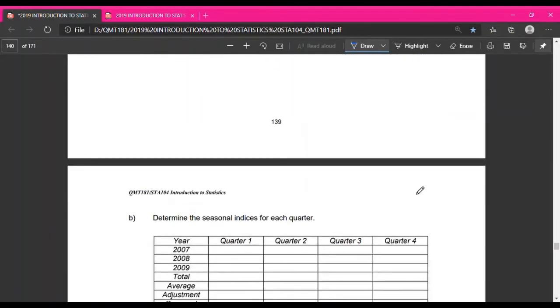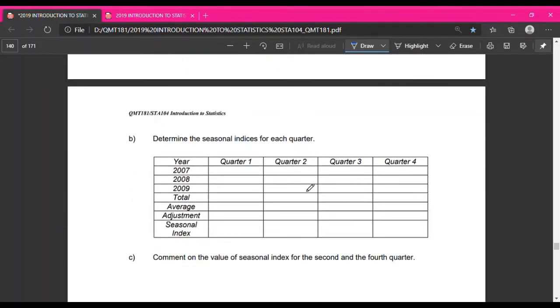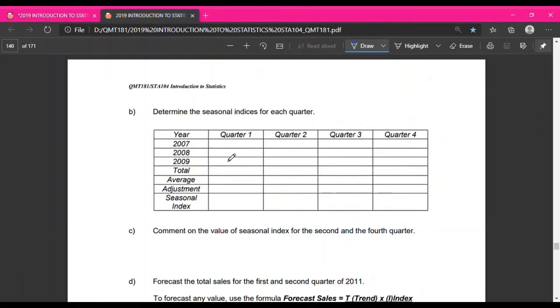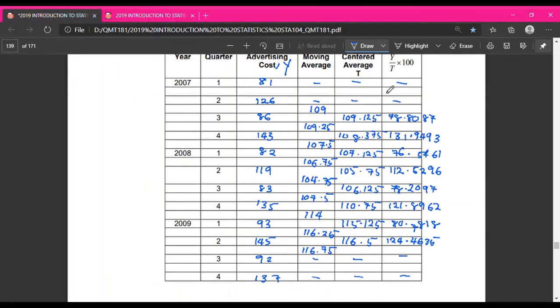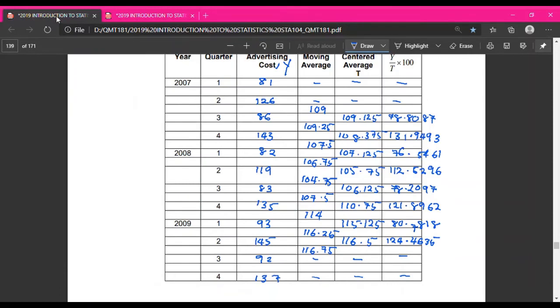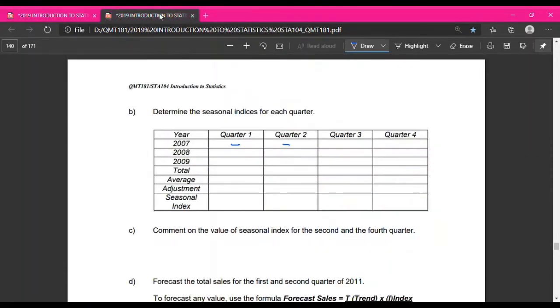Next step, we need to transform the previous table into this table to get the seasonal indices. For the first quarter and second quarter of 2007, there is no value of the seasonal variation. Third quarter 2007, 78.8087. It would be easier if we could copy and paste.